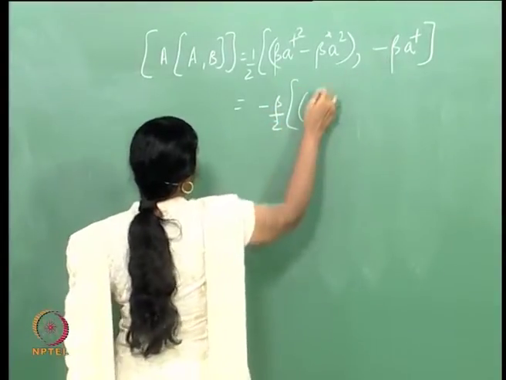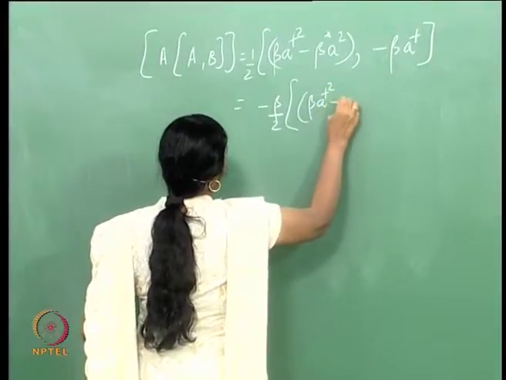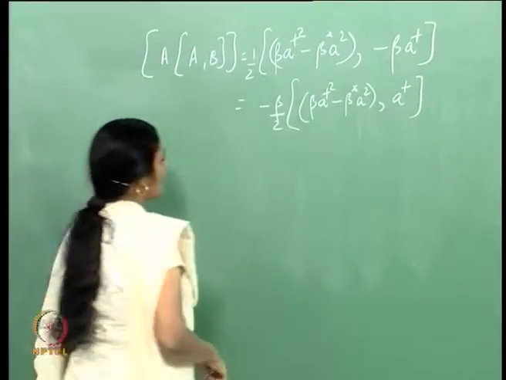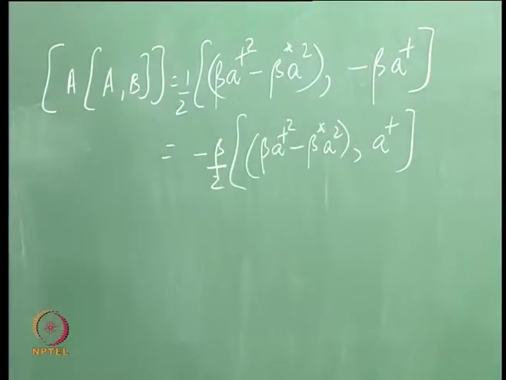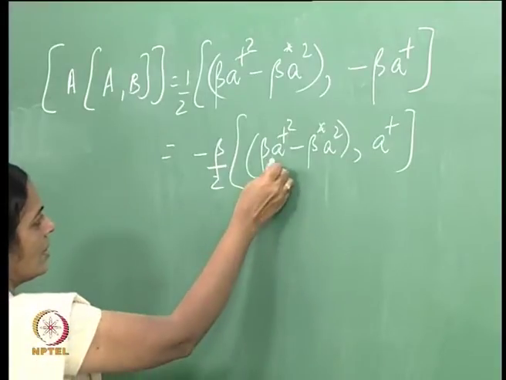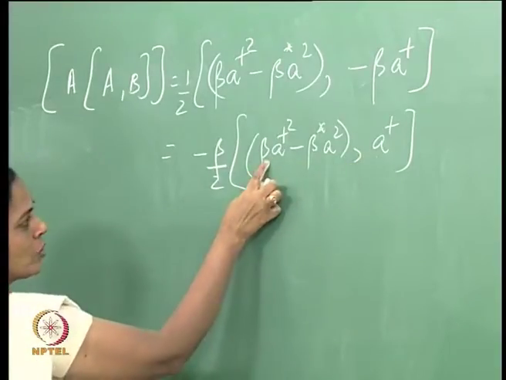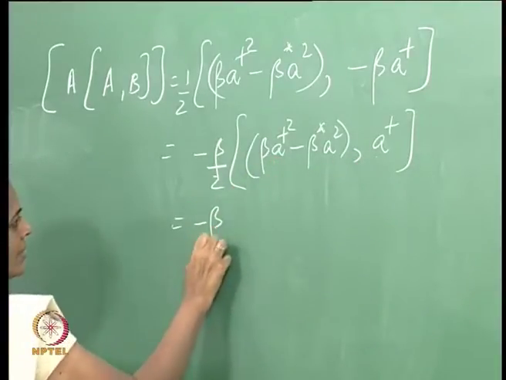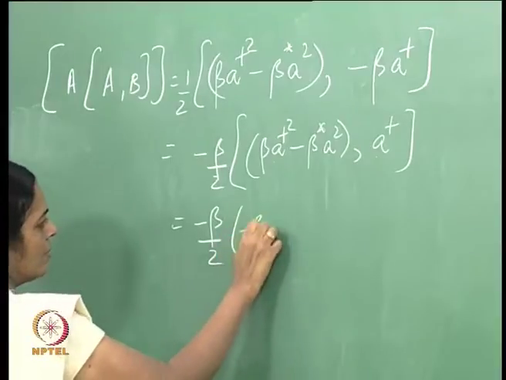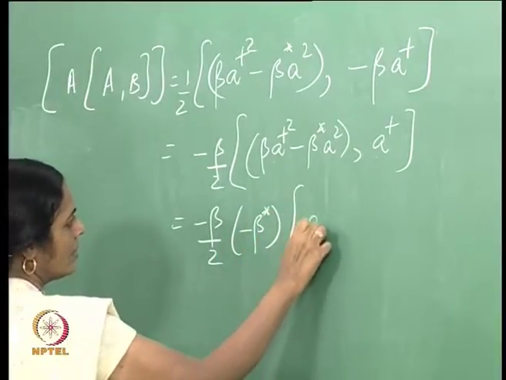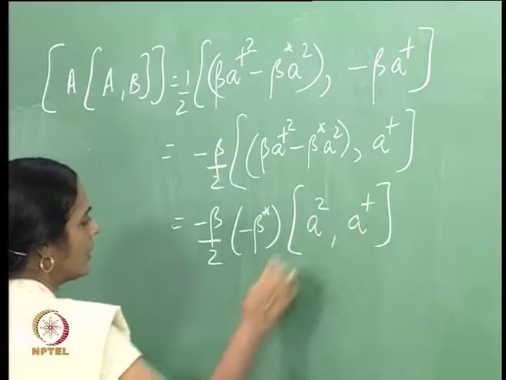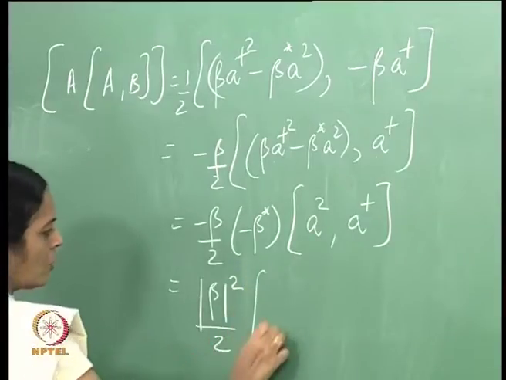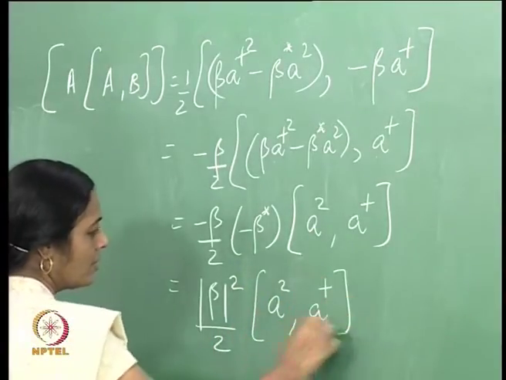I have pulled out the beta and the minus sign. This is the commutator that I need to find. A dagger squared commutes with A dagger, therefore the first term commutes with A dagger, leaving behind a minus beta star commutator of A squared with A dagger, which is the same as mod beta squared by 2 commutator of A squared with A dagger.